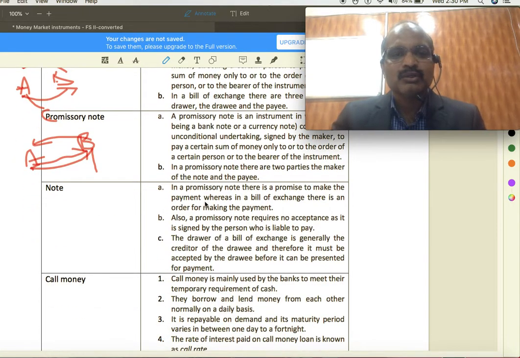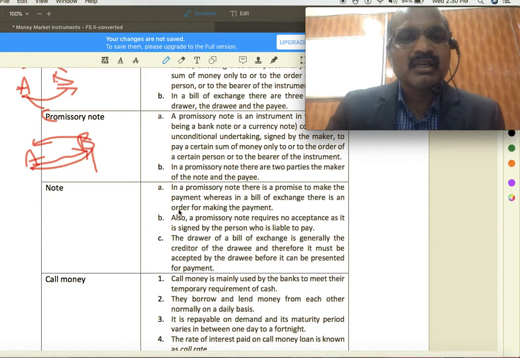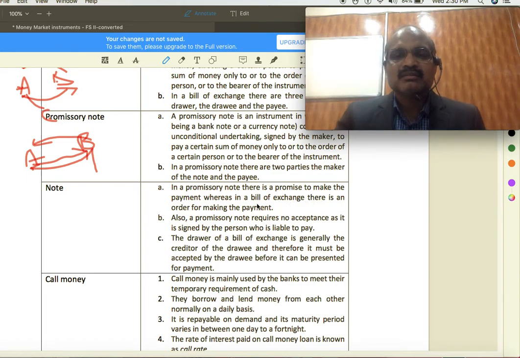Then we have something called note. The same thing is continued here. Promissory note is a promise to make a payment. Also, bill of exchange requires an acceptance. That means if it is a bill of exchange, it has to be accepted by the drawee. If it is a promissory note, it need not be accepted by the drawee.